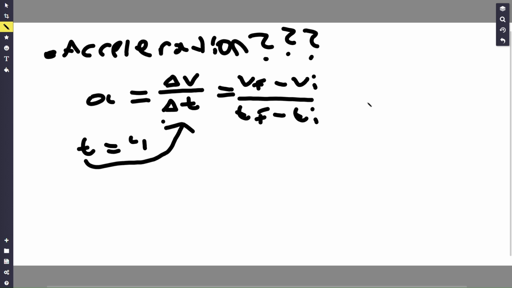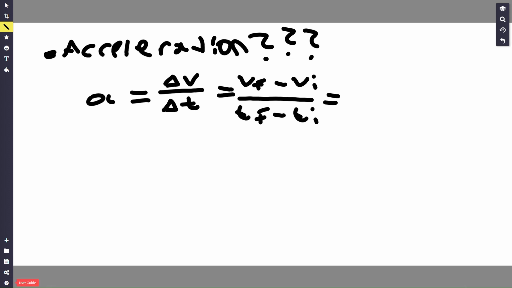But we have our Vf and Vi: our Vf was 20 meters per second, and our Vi is 0 meters per second. We can just leave this as delta t instead of tf minus ti because we only have one value for time.